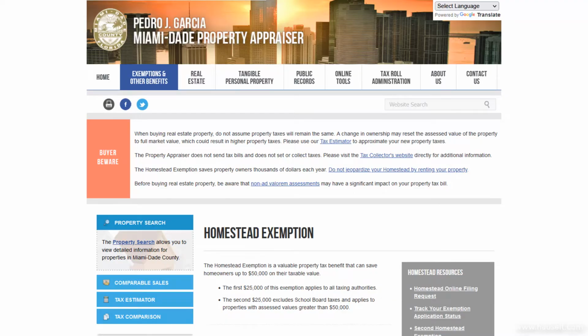For example, in Miami-Dade, there's such a thing as the homestead exemption, which we'll talk about in another video. It essentially caps property taxes going forward at a certain percentage rate increase in future years. Great one to look into, which again we'll talk about in another video. Please take a look for it.